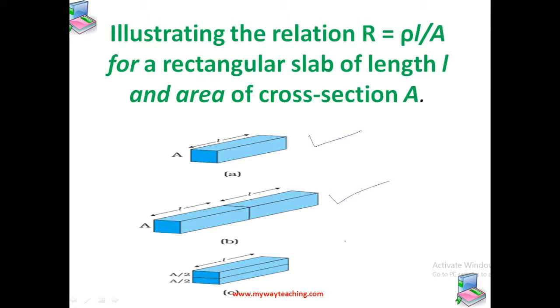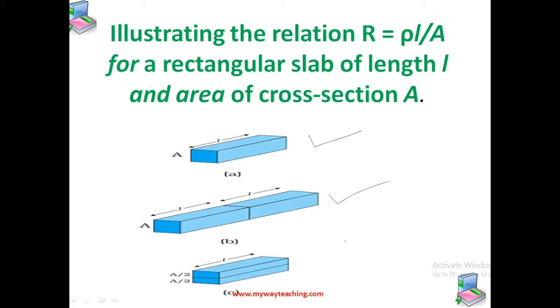Yes. And now the potential difference across the ends of the combination is clearly the sum of the potential differences across the two individual slabs, that is V across one slab and V across another slab. So the total potential difference across two slabs placed side by side will be equal to 2V.